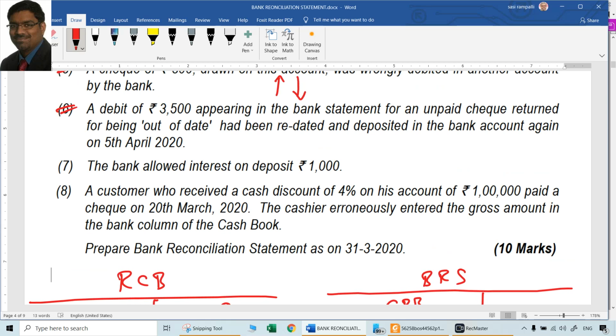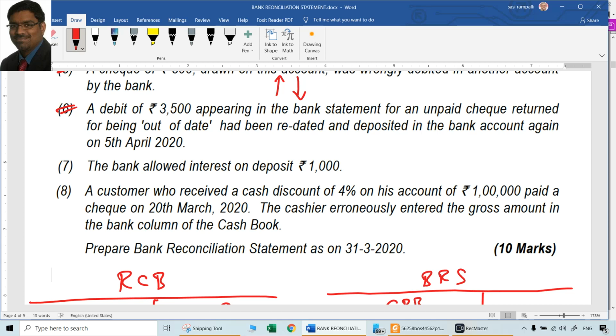Means it is a withdrawal. That's a check which would have been issued. And it had been redated later and deposited in the bank account again on 5th of April. In the meantime, what would have happened? Definitely 3,500 rupees for a check which was unpaid and returned being out of date. So understand the story very clearly. First of all, this check we would have deposited in the bank.